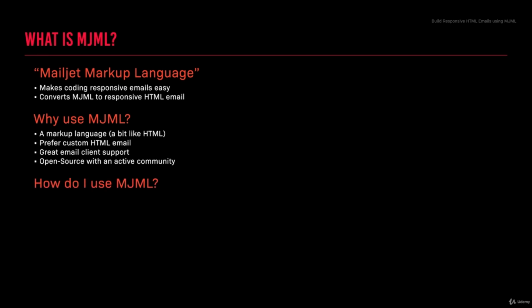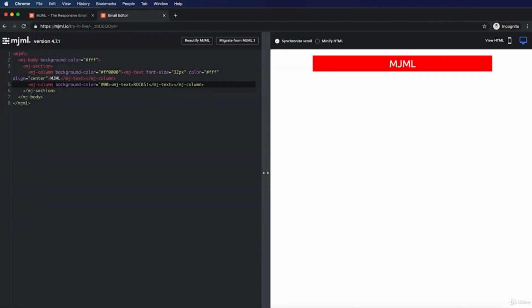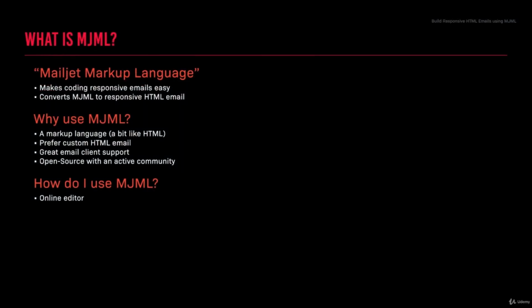So how do I use MJML? You could use the online editor. To do that, simply visit mjml.io in your web browser, and you can try it live in your web browser. You can also use it offline.